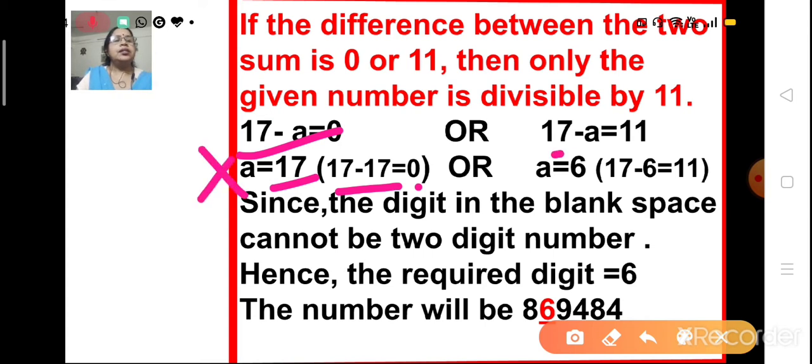And in the next situation, 17 minus A should be 11. The difference should be 11. And how will it be 11? If we take A as 6, then 17 minus 6 is 11. So, we should take A as 6, so that the difference, 17 minus A, becomes 11.